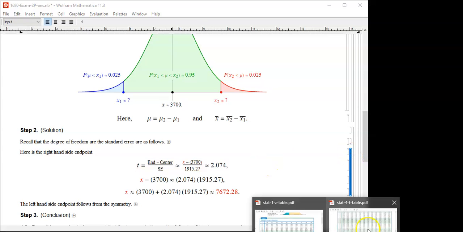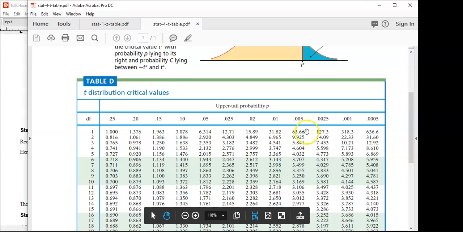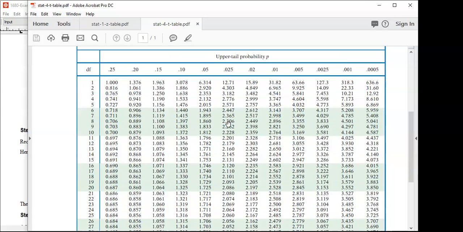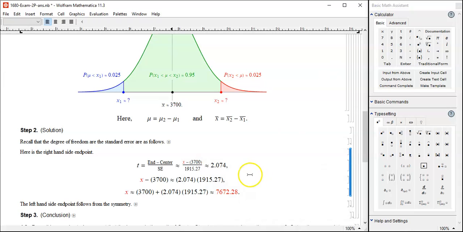Let's see, is that it? This point is 2.5%, 0.025 for degree of freedom of 22. Yes, 2.074. So let's solve this equation, and that's about it.